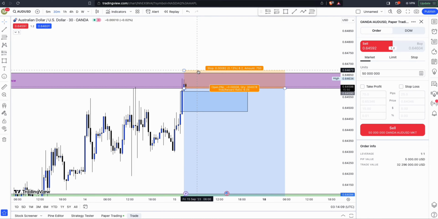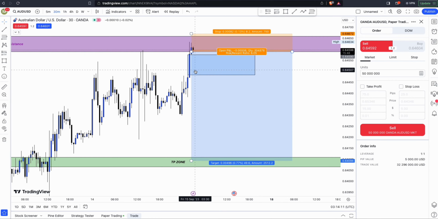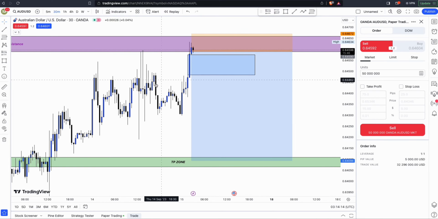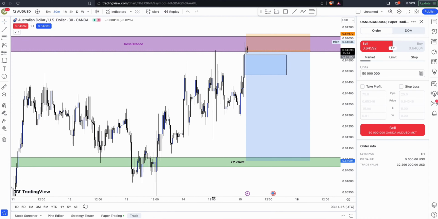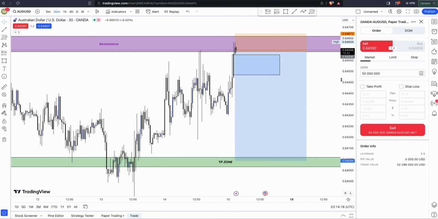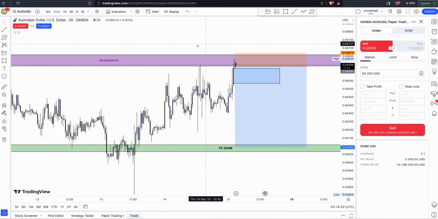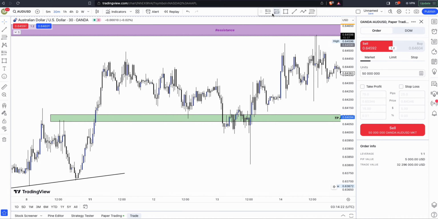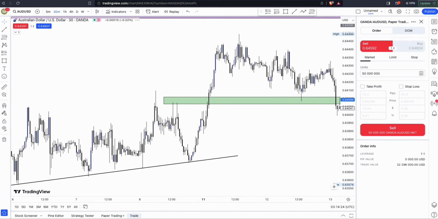I'm kind of doubtful with this trade because I don't want the fair value gap to affect our actual trading. That's the problem with Australian dollar, US dollar, actually.